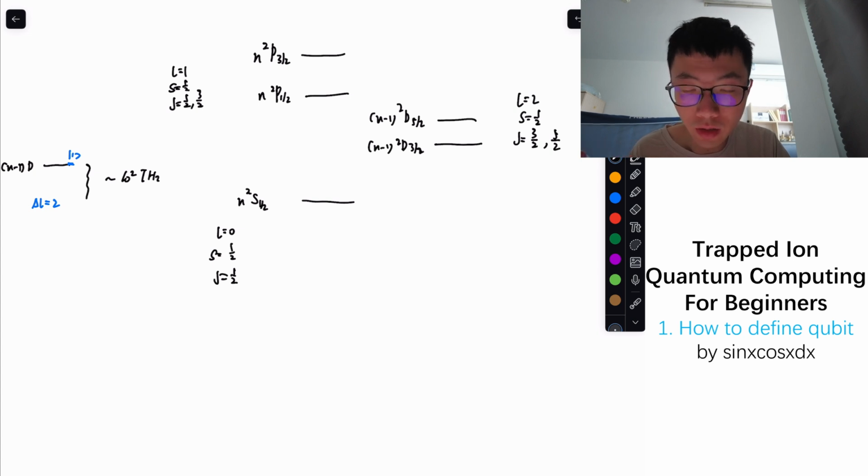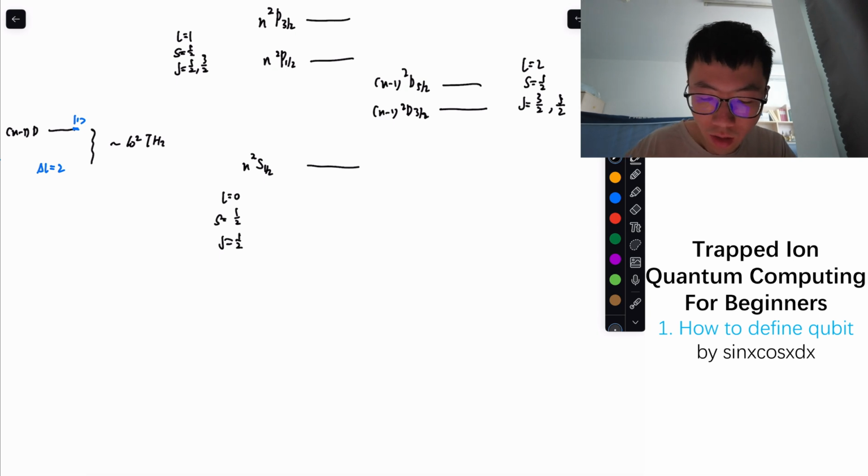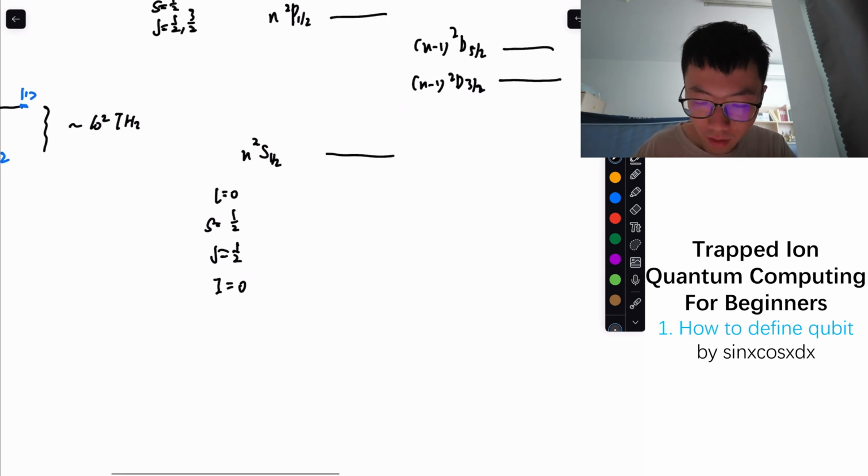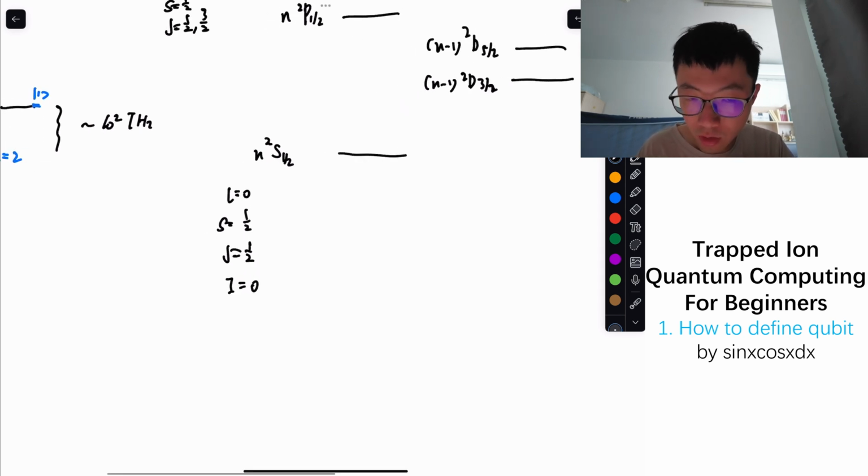And we also consider the hyperfine states, okay? The angular momentum of the nucleus, so that it has IJ coupling. For different ions, even different isotopes of the same element, it has different I, okay, different nuclear quantum number.